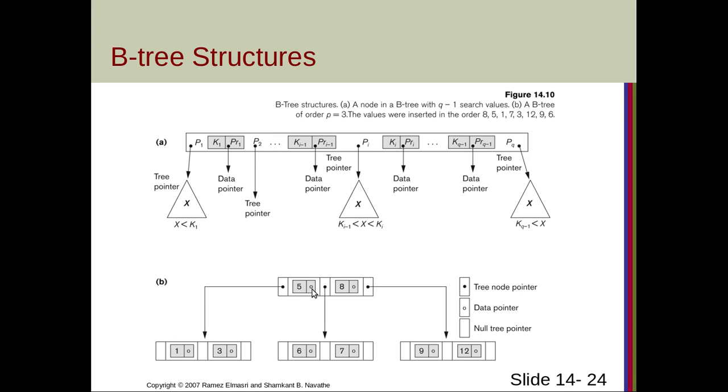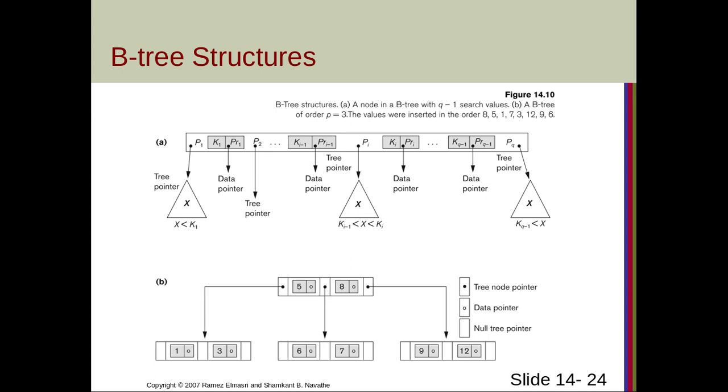But in the case of a B plus tree, you store only the key value 5 here, and in the leaf node you also have this 5. Here it is 8, and in the leaf node also you have the value 8, and there you have the pointer to the actual record stored. That is the difference between a B tree and a B plus tree.